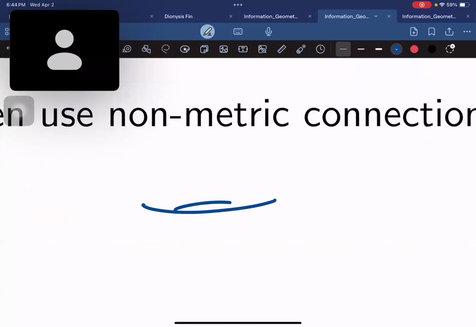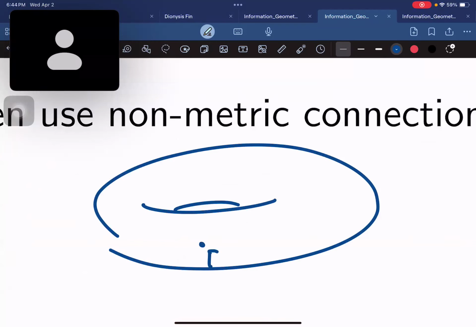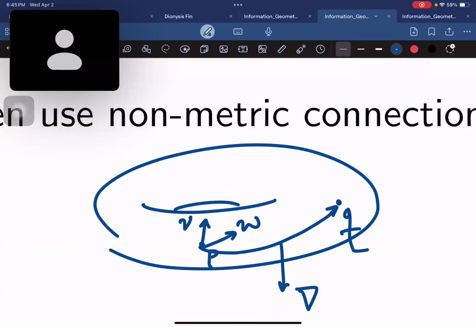Consider I have again a manifold here. I have a point P and I have another point Q. So I have two vectors here, V and W. With the affine connection, I can get to V prime and W prime. What essentially we call good is that the angle between them before moving them autoparallel to the other point is invariant.